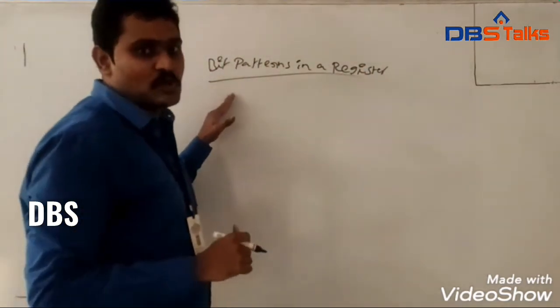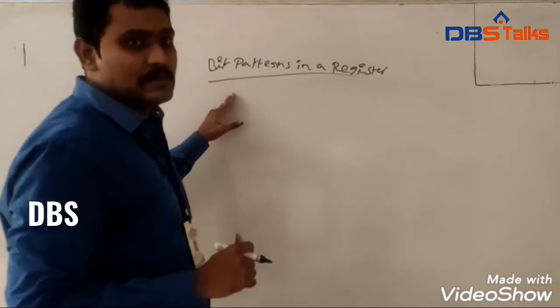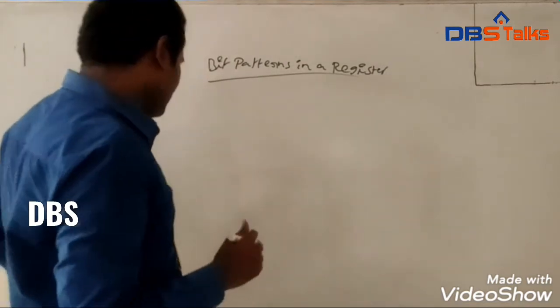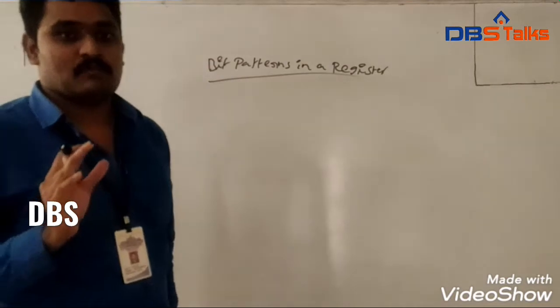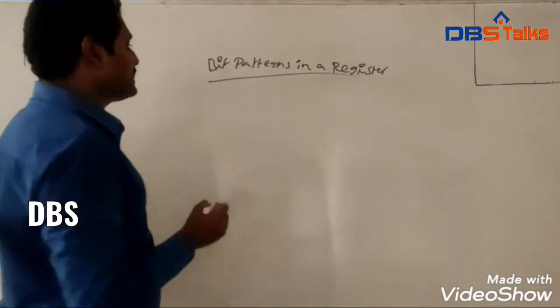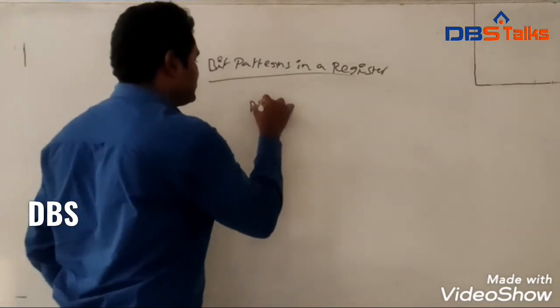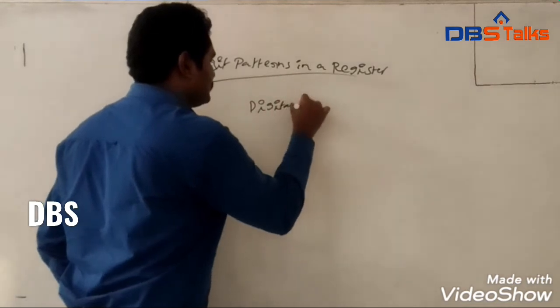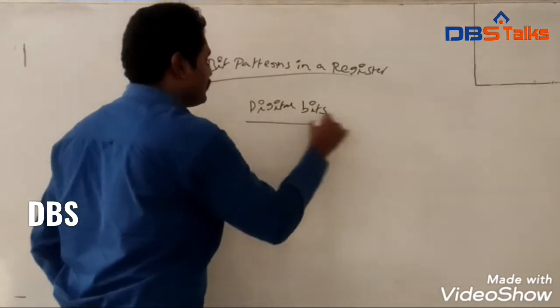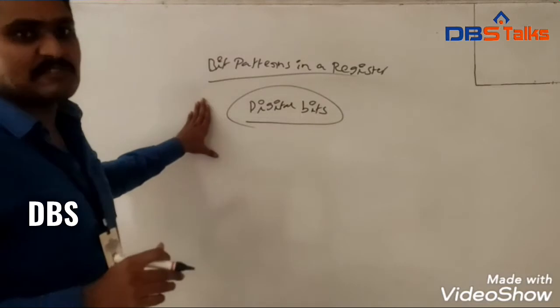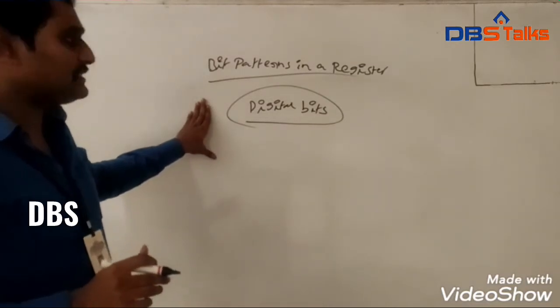Before going to this topic, I would like to tell something about digital bits. Most PLCs are capable of working with digital bits, and the main concept goes through these digital bits.